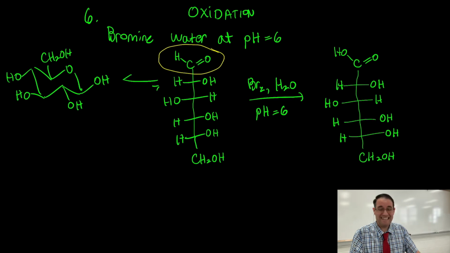This is called an aldonic acid. That's called an aldonic acid. All right. So how in the world does bromine water at pH 6 oxidize aldehydes to their corresponding carboxylic acids?